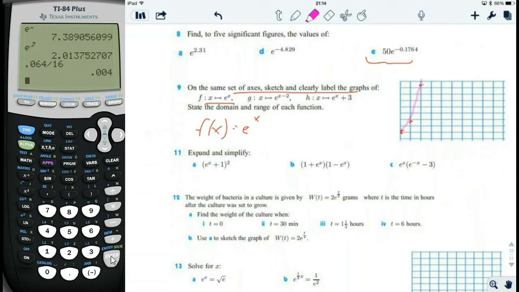What does e to the x minus 2 look like? With e to the x minus 2, when x equals 0, it actually becomes e to the negative 2. Weird. Okay, so x equals 1, it's e to the negative 1.